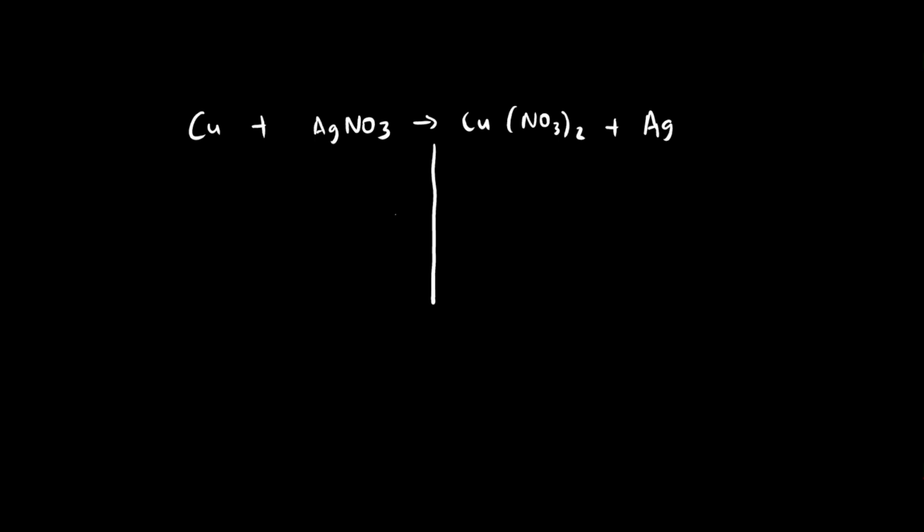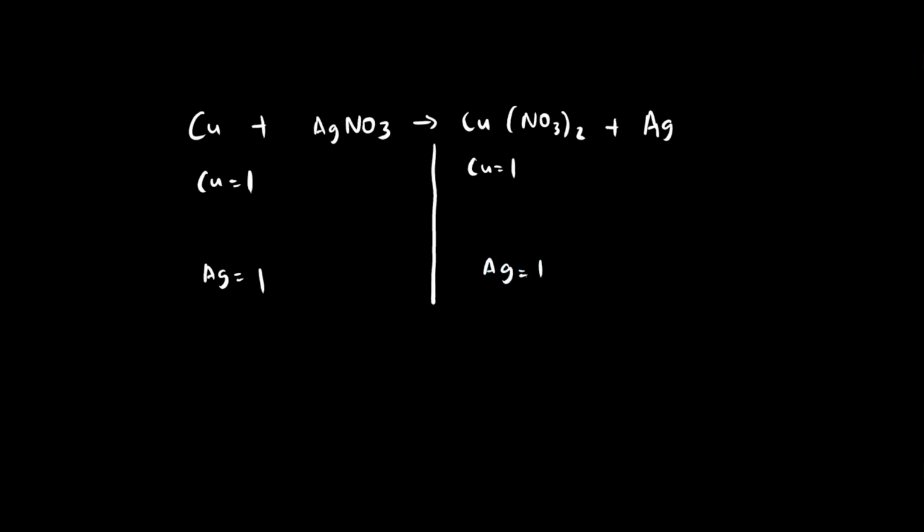Go ahead and pause this video and try to solve it on your own. Alright, hopefully you attempted the problem by yourself. Let's do it together. We have one copper on the left and one on the right. We have one silver on the left and one silver on the right.